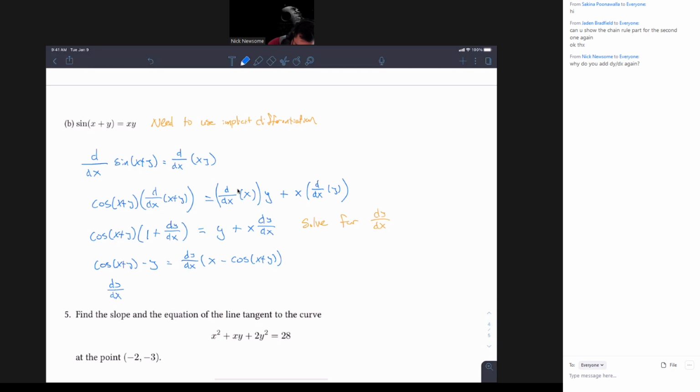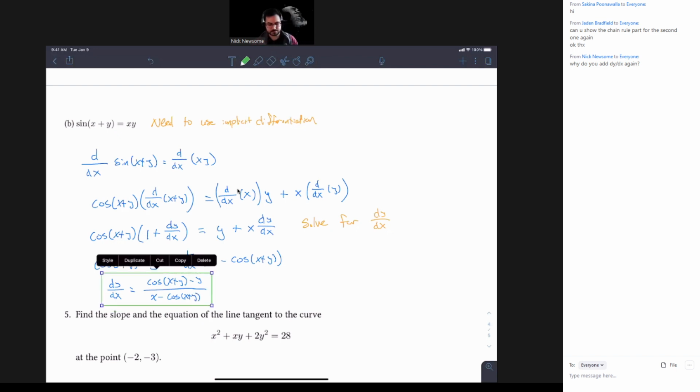So I'll have cosine of (x plus y) minus y, divided by x minus cosine of (x plus y). And we'll put a nice box around this just to make it clear.